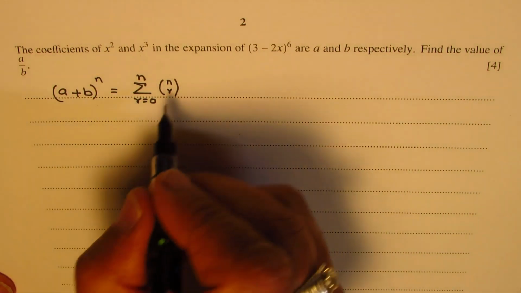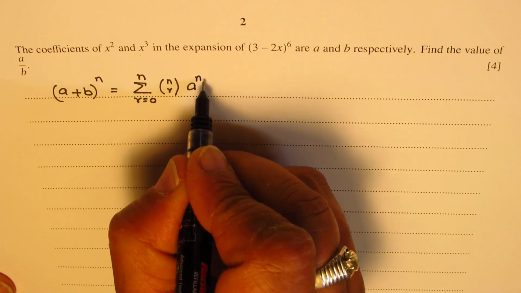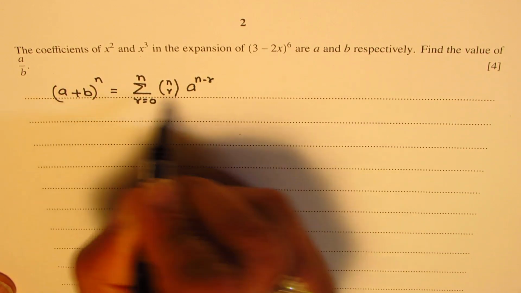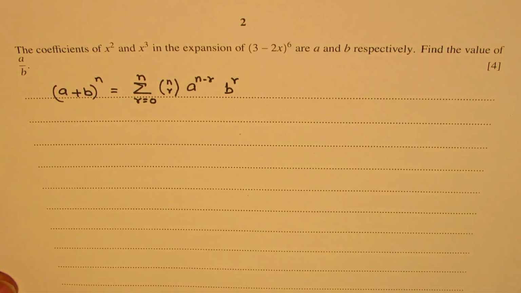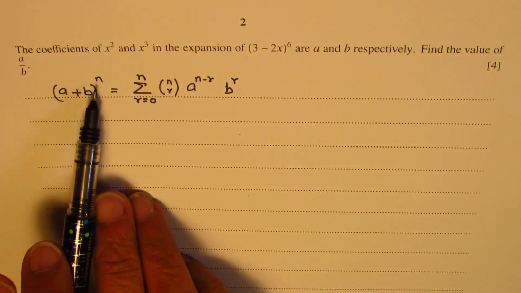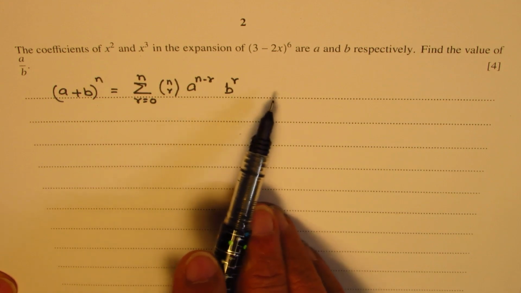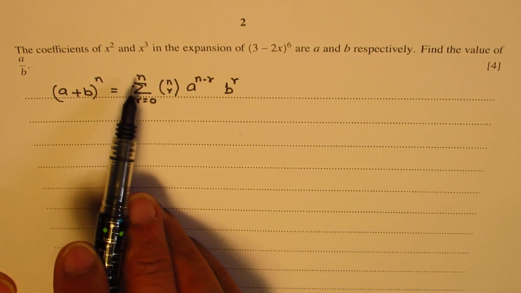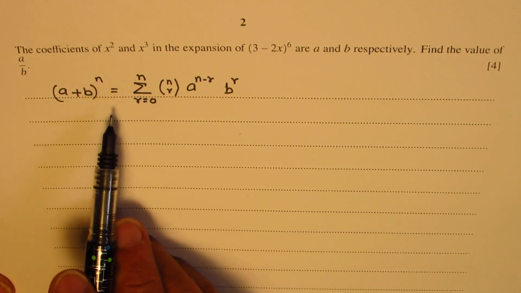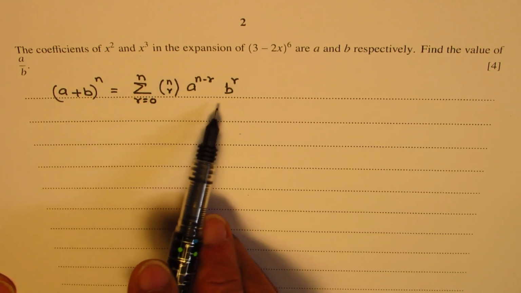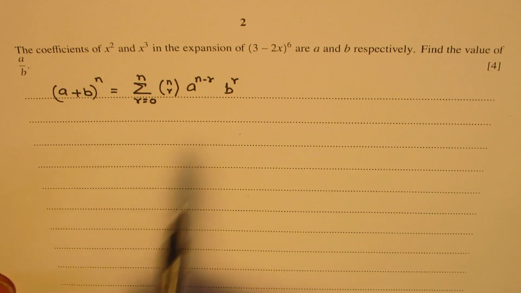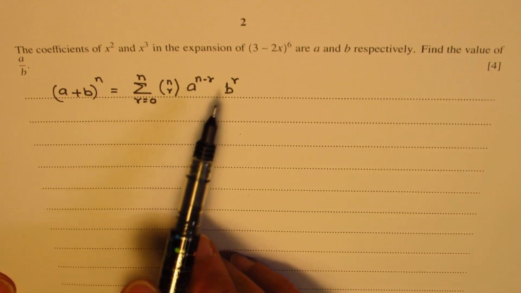This is one way: a to the power of n minus r times b to the power of r. In any binomial expansion, if the power is n, we'll have n plus 1 terms, since r goes from 0 to n. The r plus 1th term is this term. Now, let's look into the question.